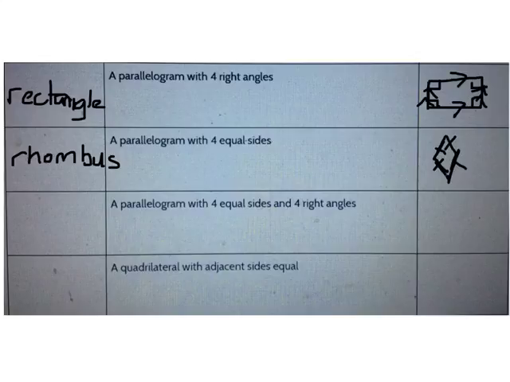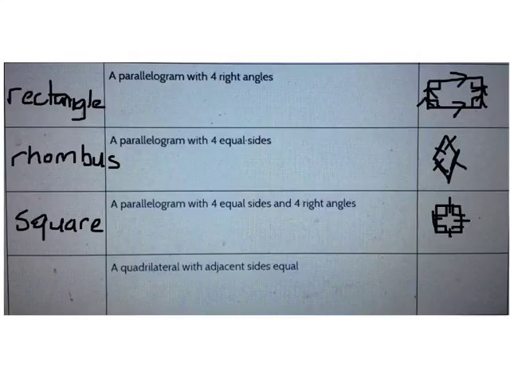Now, a square is both a rectangle and a rhombus. So a square has 4 right angles and 4 equal sides. A square is also a type of parallelogram because opposite sides are parallel.